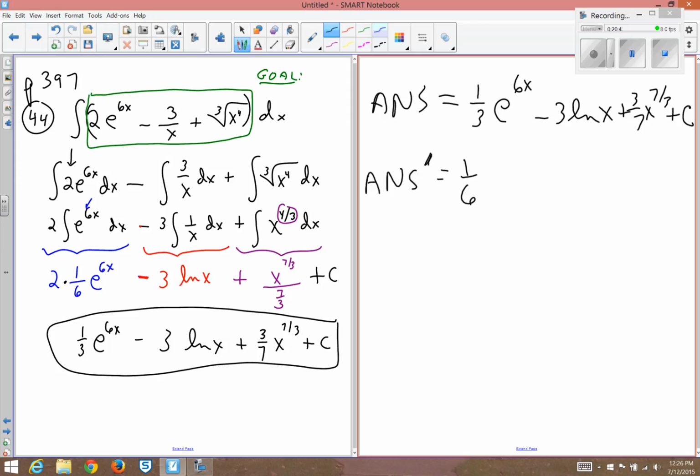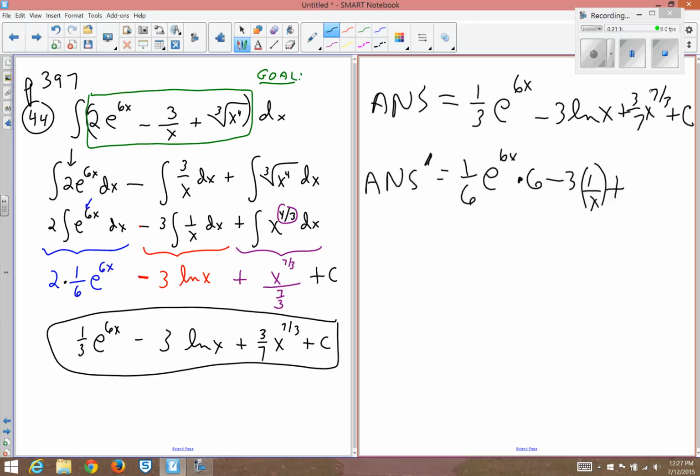and if we remember the derivative rules, the derivative of e to the 6x is itself, e to the 6x, times the derivative of this exponent by the chain rule. Copy the minus, copy the 3. The derivative of the natural log of something is 1 over the something. And for the third term, the derivative of a number times x to a number, we multiply the exponent and the number in front.